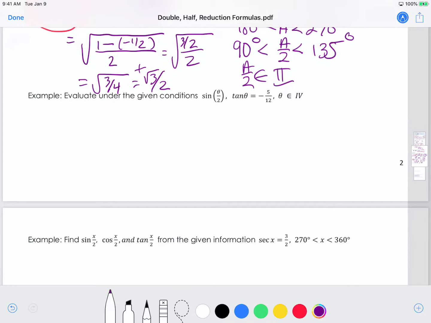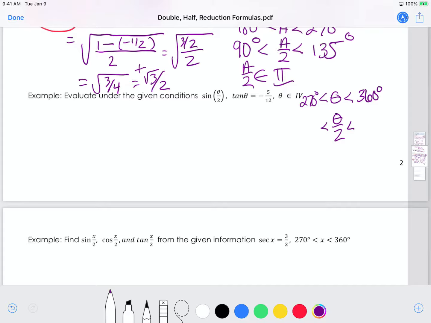Okay, next example. It says evaluate sine of theta over 2 if you know that tangent of the angle is negative 5/12 and your angle is in quadrant 4. If theta is in quadrant 4, that means you're between 270 degrees and 360 degrees. To figure out whether I use the plus or the minus in my formula, I need to find what quadrant theta over 2 is in.